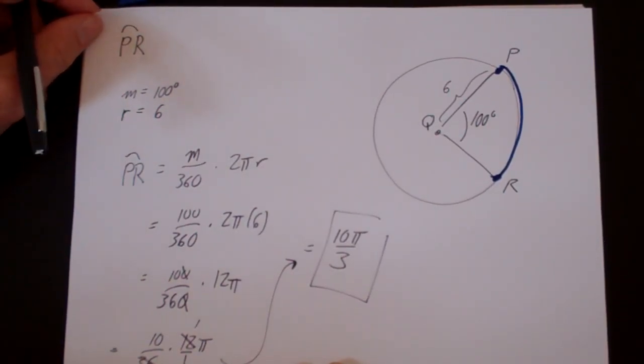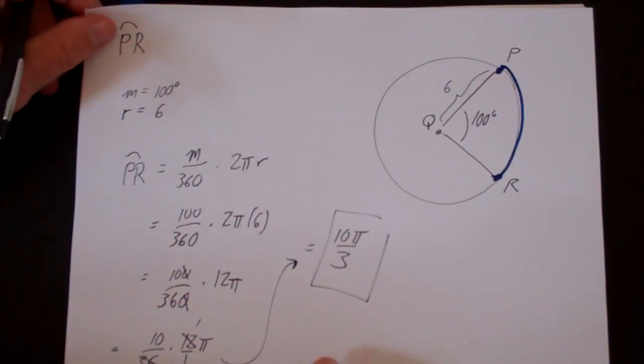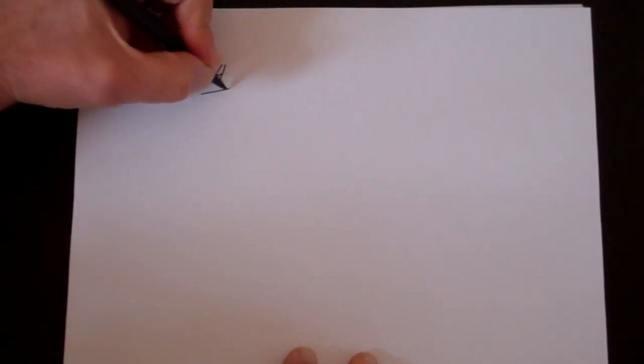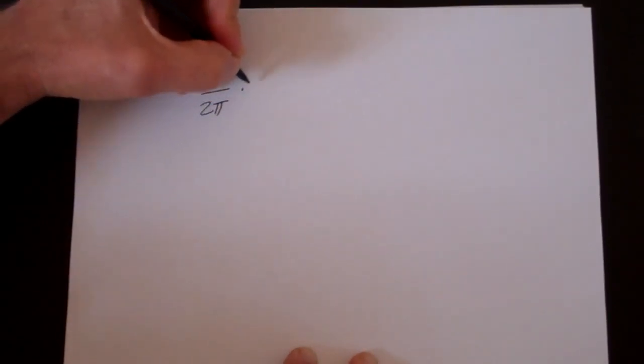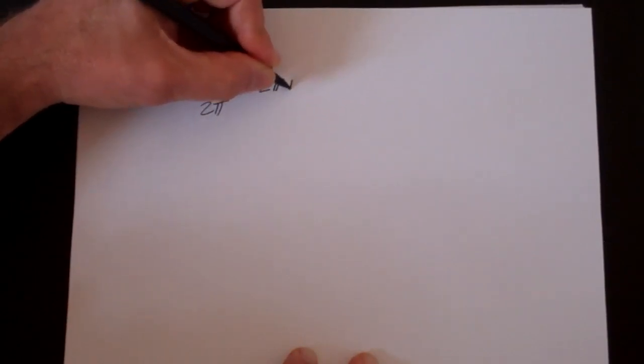That's in degrees. If we do it in radians, it's quite a bit easier. If we do it in radians, the formula is arc length is equal to theta over 2 pi times 2 pi r.